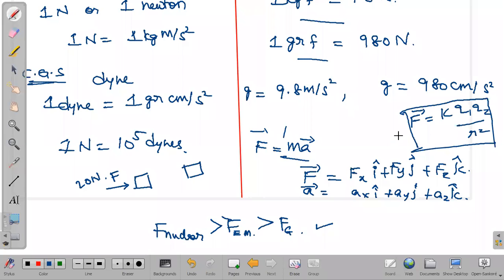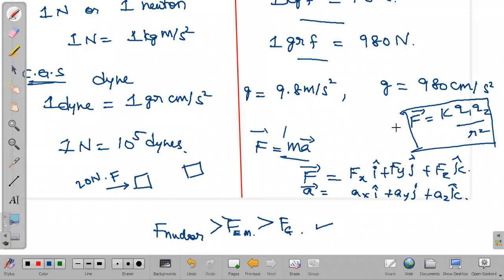The motion of Earth around the sun or electrons' movement around a nucleus, all those can be taken as central forces. Okay, so now we have seen constant force and variable force, and position dependent force. Time dependent force will be there, and central force means like centripetal force I said previously.